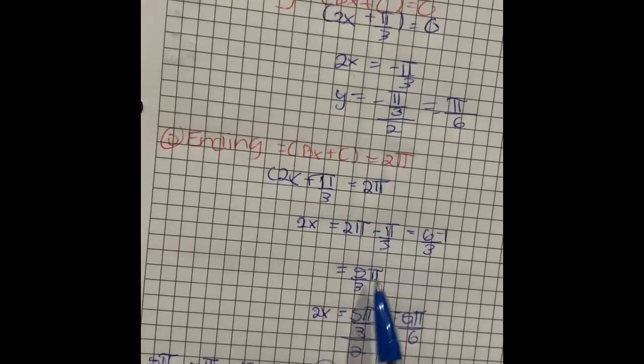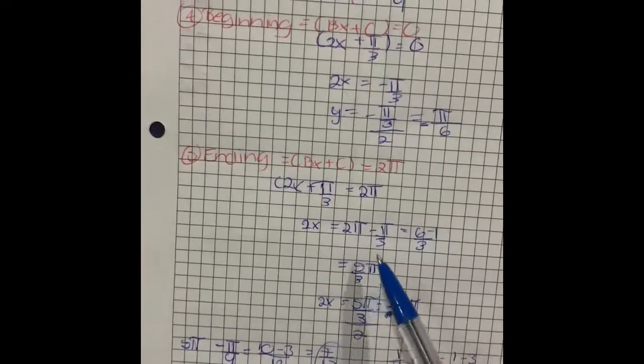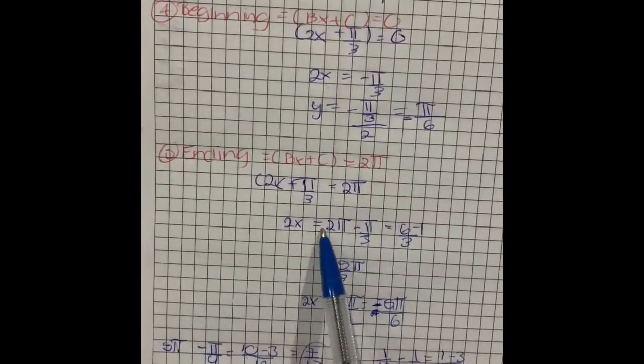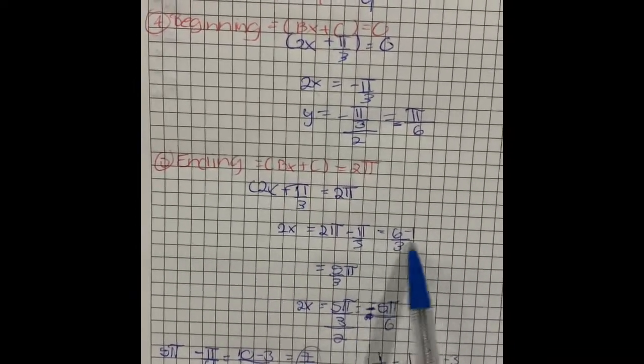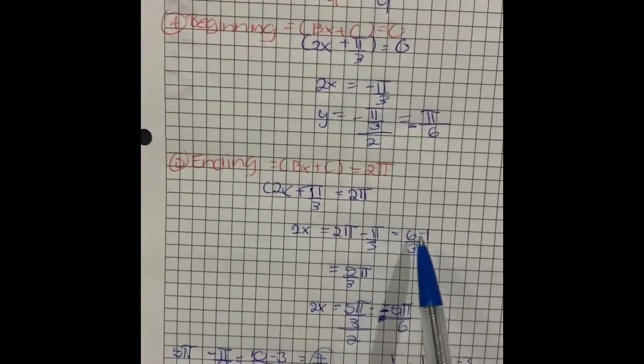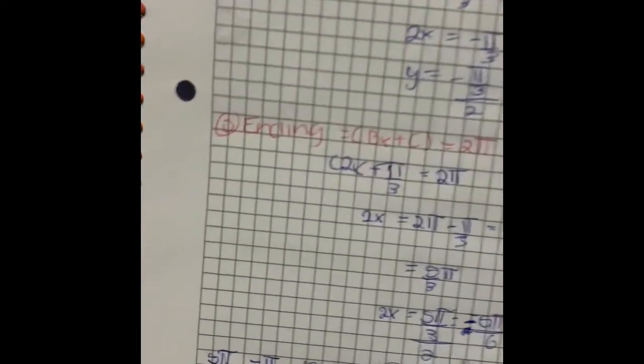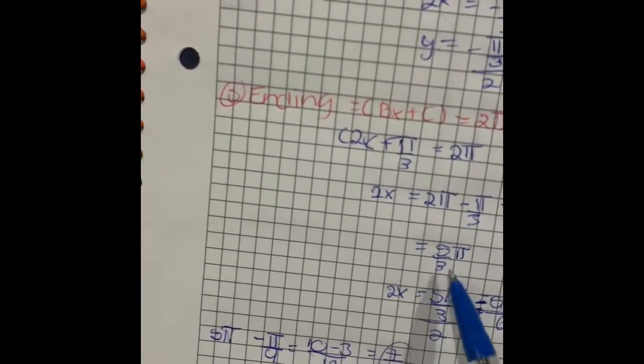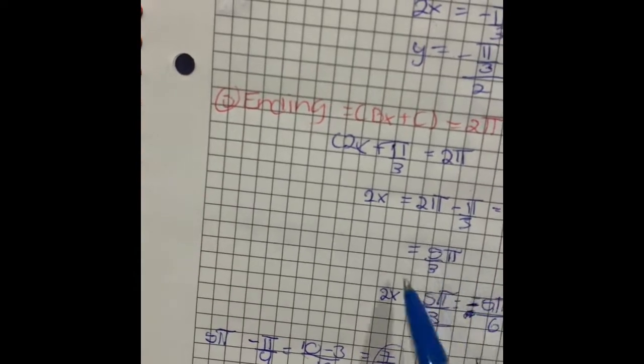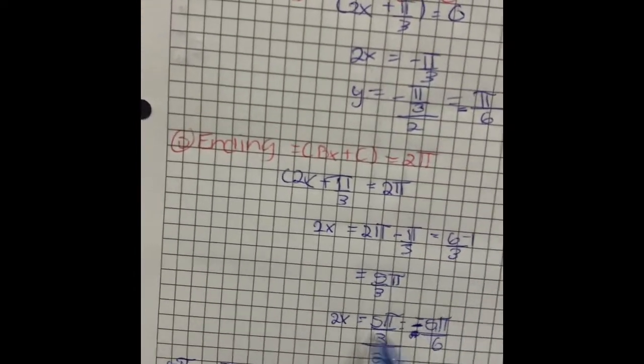Because we need to solve this equation, so that gives us 6 minus 1 thirds, and that gives us as a final result 5 thirds π.